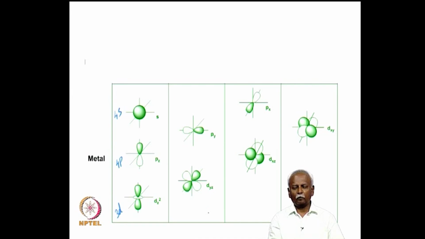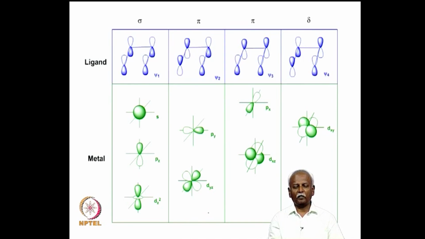So, let us take a look at how these orbitals can be matched up. Interestingly, if you draw it in this particular fashion, you will realize that it is exactly in the same order in which they match with the butadiene orbitals. So, here are the butadiene orbitals.